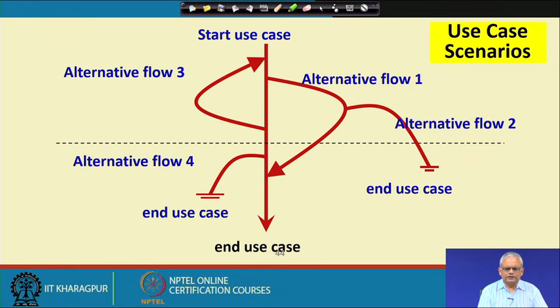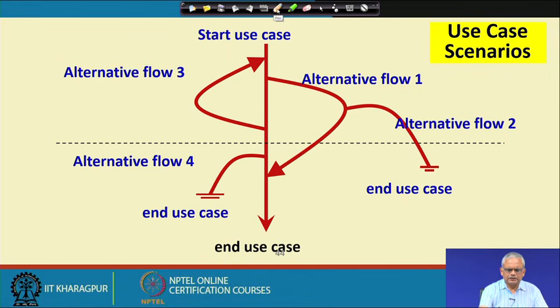In every use case, there is a normal interaction between the computer and the user, and sometimes there are alternative flows. Let us take an example to explain this.